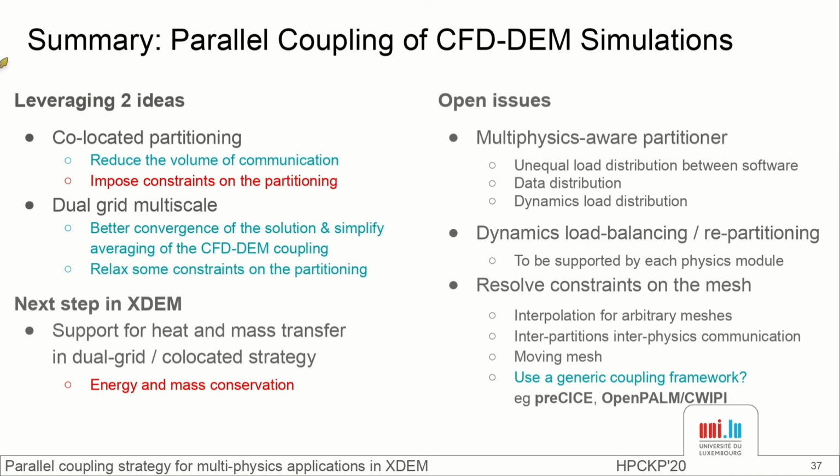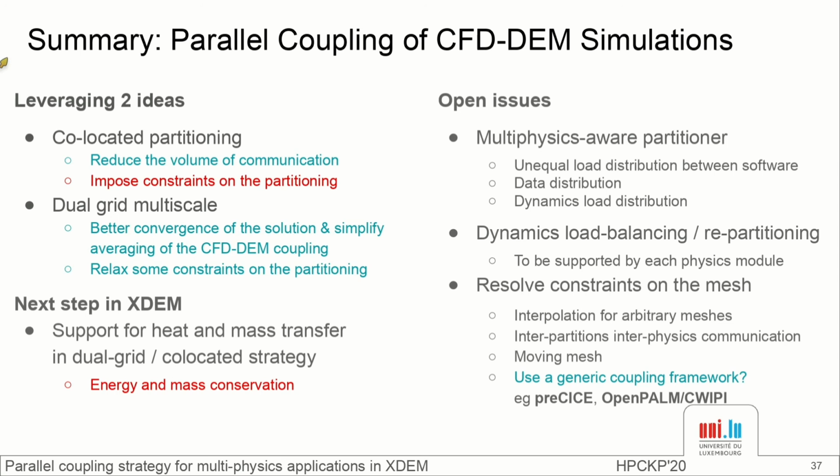Then there are some constraints to be resolved on the mesh, because of course we have to do some interpolation, and maybe interpolation of arbitrary meshes that come from different software. And there is a need for a proper implementation of this interpartition and interphysics communication, maybe also in the case of moving meshes.